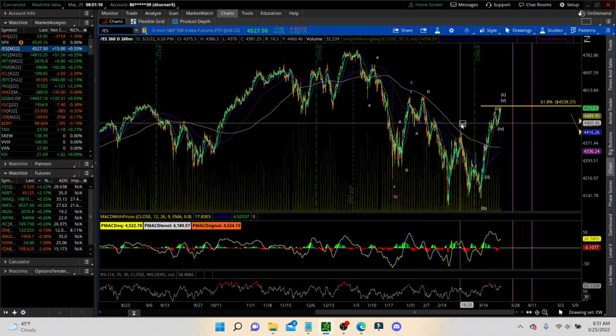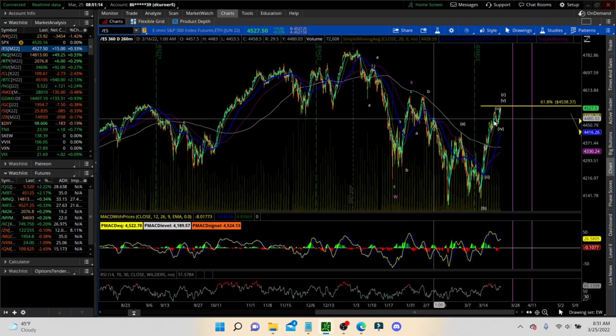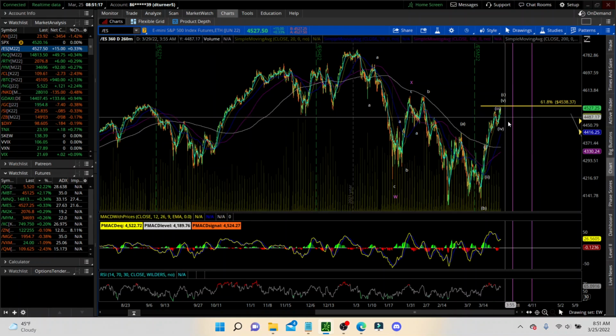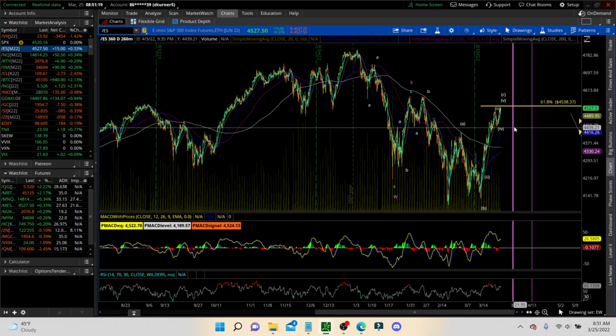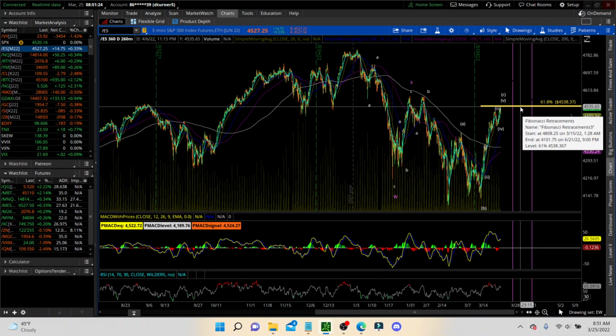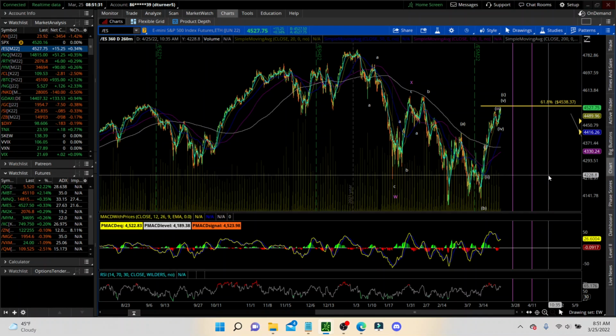So I suspect that we do the same thing with these MAs. We had this ABC up, and we get the reversal into the time zone, reverse up somehow, somewhere, pretty rapid actually, and then start heading down from that point. That is a possible scenario. That's what I'm looking at.